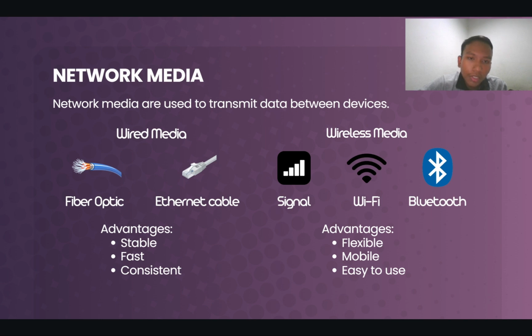Wired connections are usually stable, faster, and more consistent. Meanwhile, wireless media include Wi-Fi and Bluetooth signals, with the advantage of being more flexible, more mobile, and easy to use. People choose different network media depending on their computer network needs and their special situations.